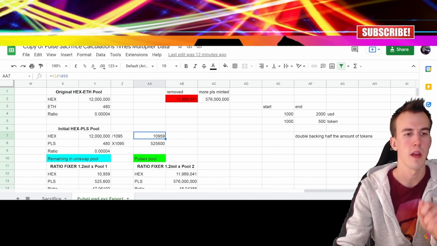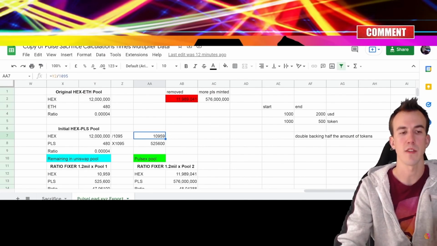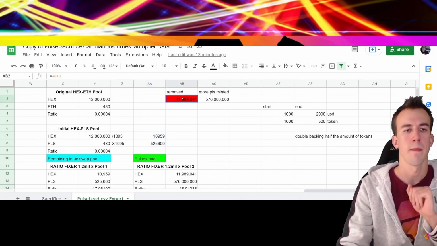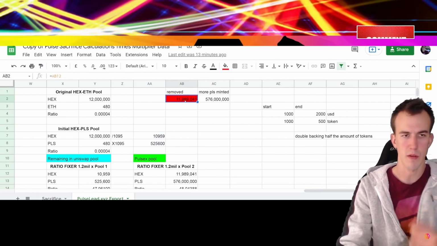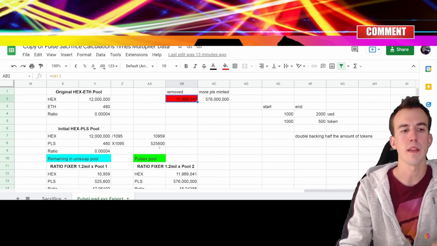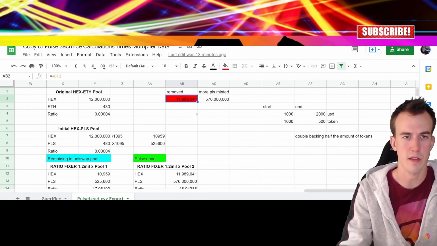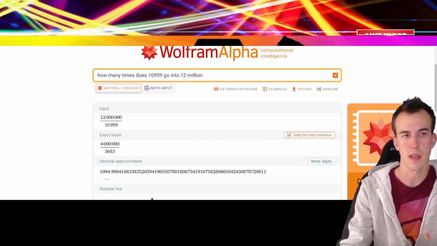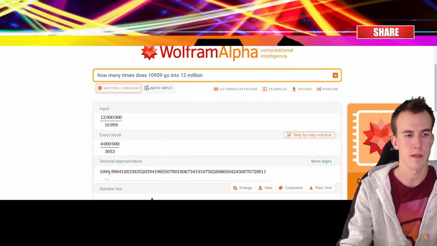It's now only 10,959 HEX equals 525,600 Pulse. For every 11,000 HEX out of its 12 million, it has to mint 525,600 more Pulse to match each 11,000 HEX. And what you find is, how many times does 10,959 go into 12 million?